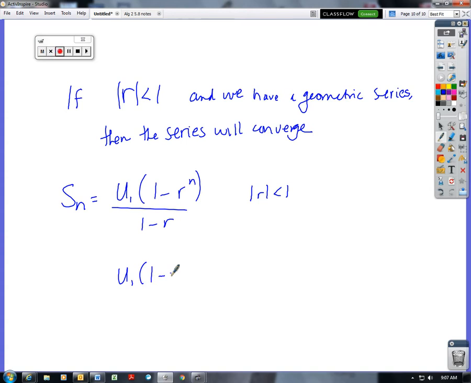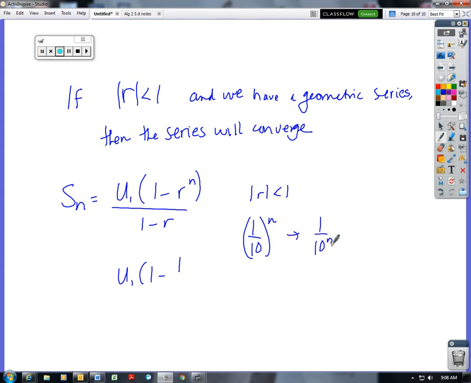We could write this as, I'm trying to think of how I want to prove this. Sorry, I must be a little tired today. Well, you could think of it this way. If r is a fraction, say 1/10, and because it's less than 1, you're raising it to n, that's the same as 1 over 10 to the n.